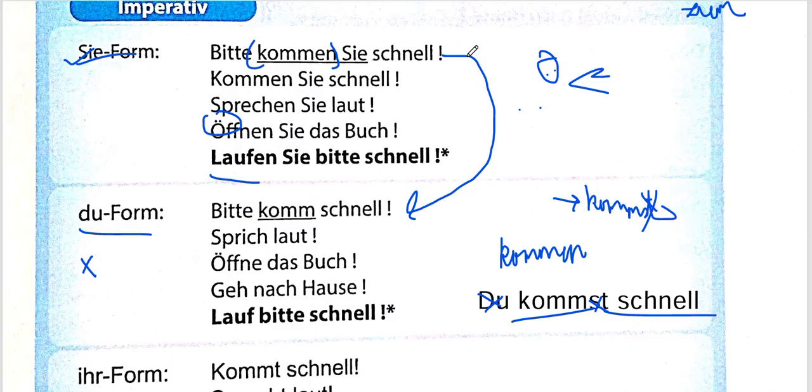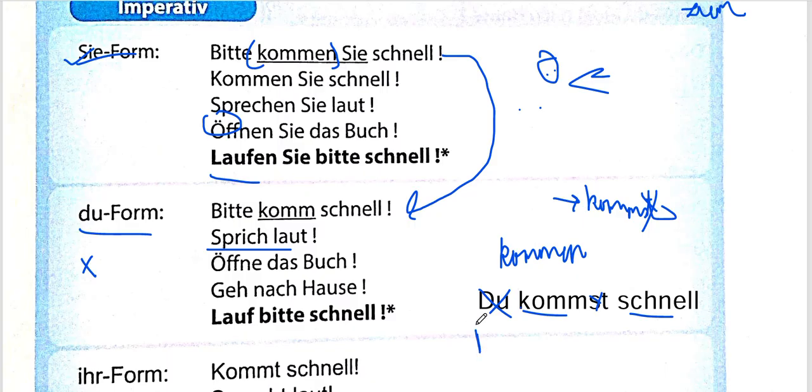Now, if I come to du form, for example, let me show you. Du kommst schnell. What is schnell? Schnell is fast. Kommen we know already. The verb conjugation for du is kommst. So, "Du kommst schnell": I simply eliminated the du and removed the st, so I get "Komm schnell". Similarly, "Sprich laut". Why sprich?